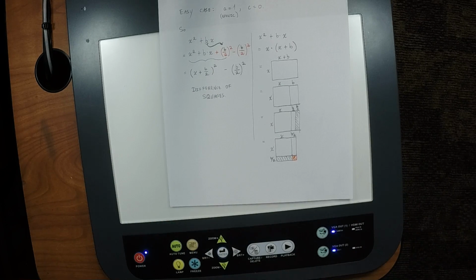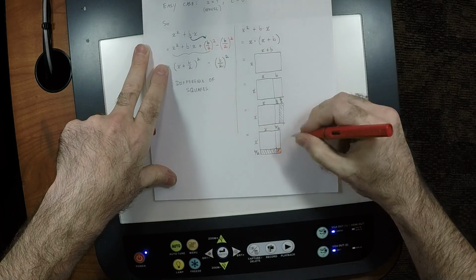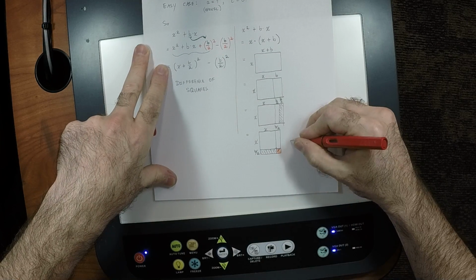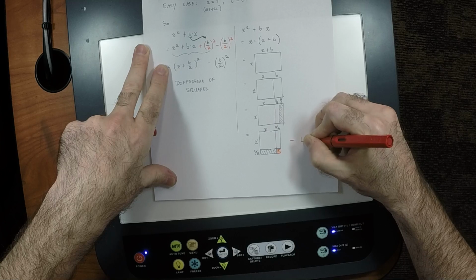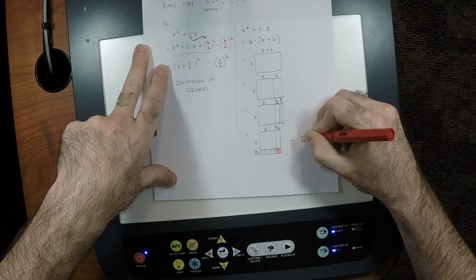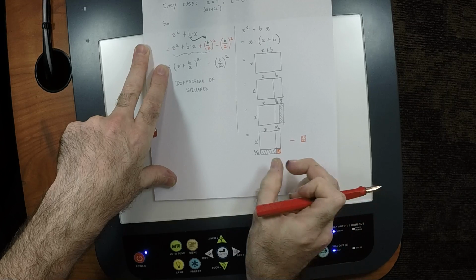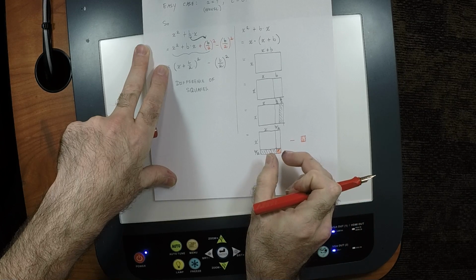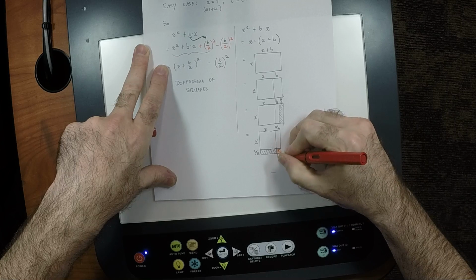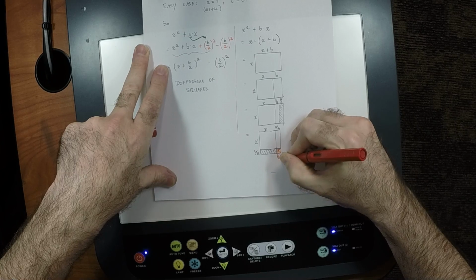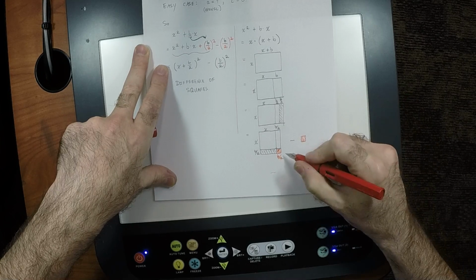But it's got to be taken from somewhere, right? Conservation of energy and mass and what have you. So if I put that red one there, then I'm going to have taken that from somewhere else. By the way, how big is that red piece? What's its base? b over 2? And what's its height? b over 2?